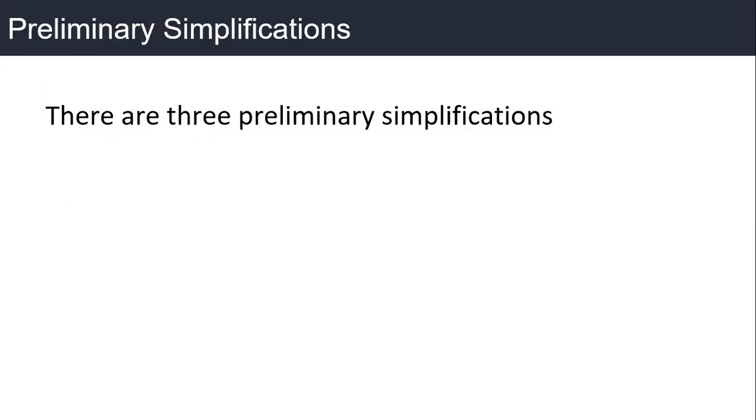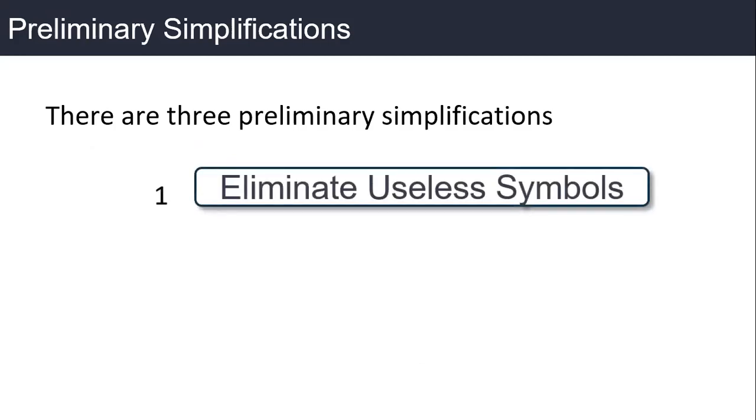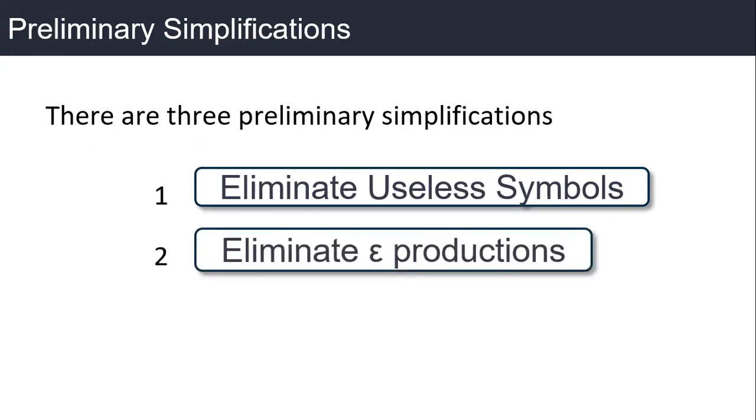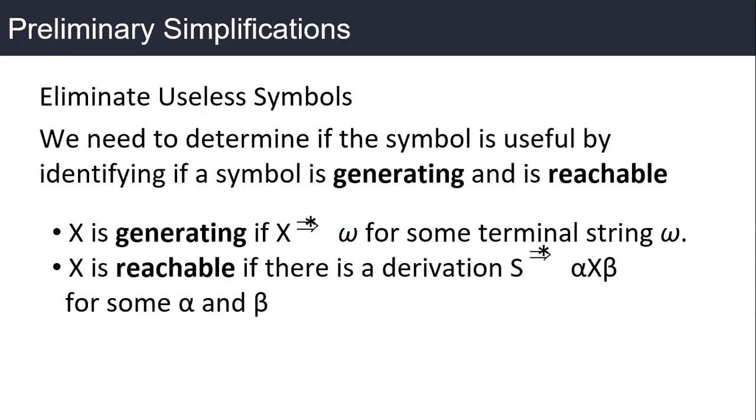Now, when we start simplification, first we go on eliminating useless symbols. If a variable generates any string which is not reached, directly or indirectly, from the starting variable, that production is useless.